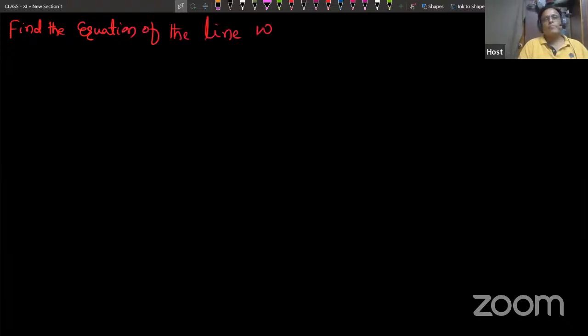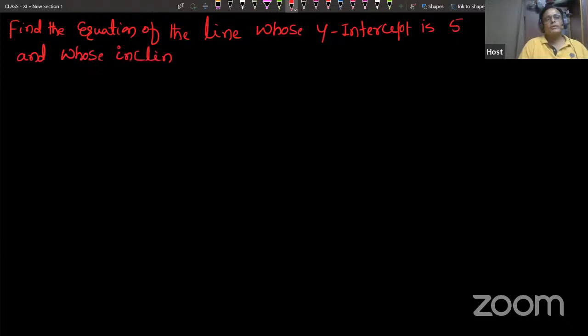Find the equation of the line whose y-intercept is 5, already given, and whose inclination is 135 degrees.